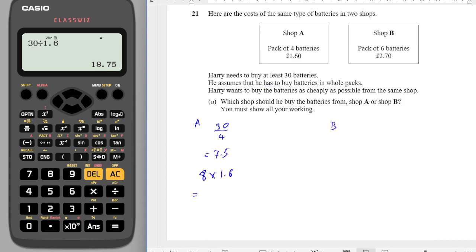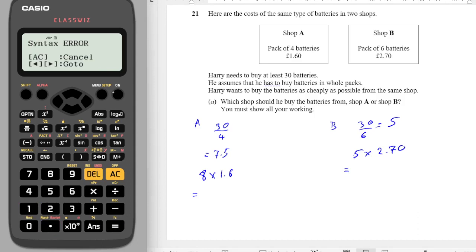And then from shop B, he needs 30 divided by 6. He needs 5 packs. And then 5 times 2.70 gives £13.50. So 8 times 1.6, and I've got that completely wrong.